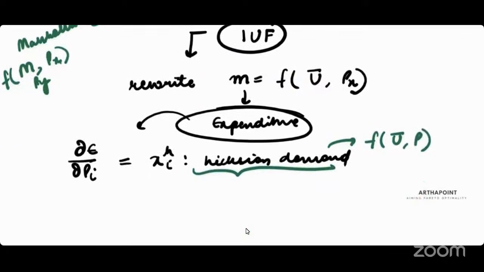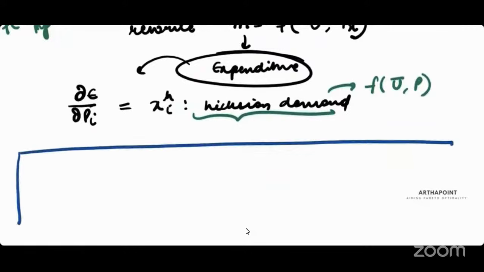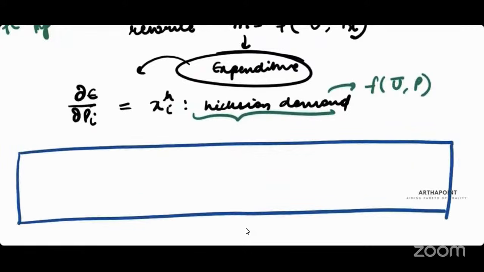Now, as an exercise, once you revise this lecture, I want you to go ahead and solve this for this utility function. I have done it for xy. I want you to do it for root xy. Direct utility function is given.